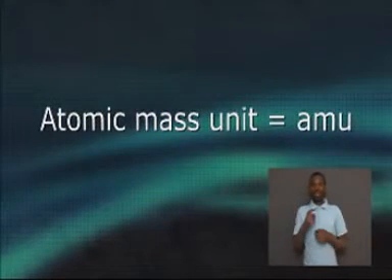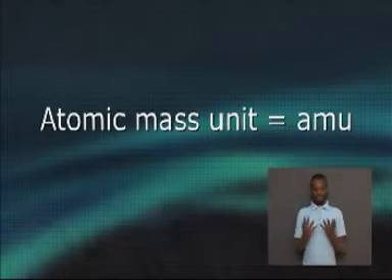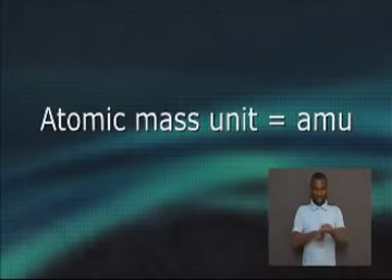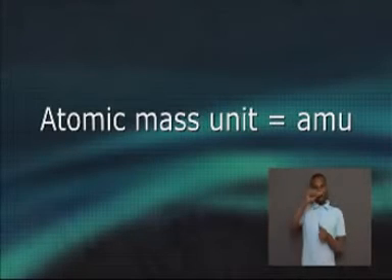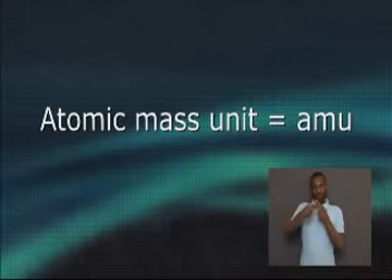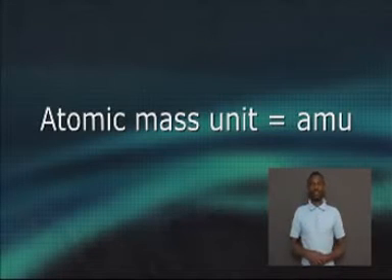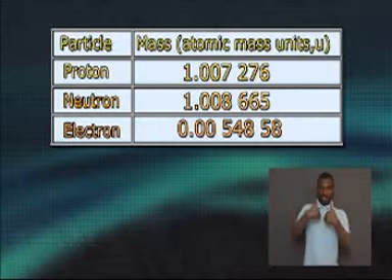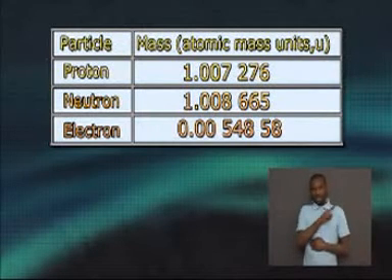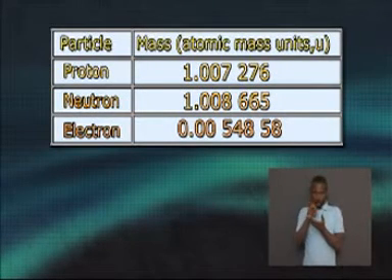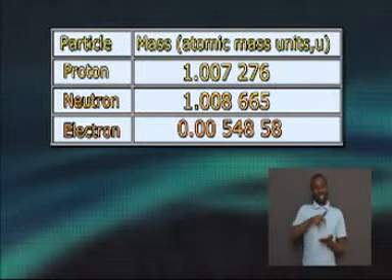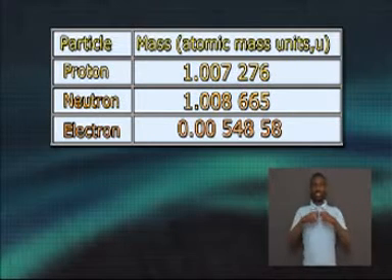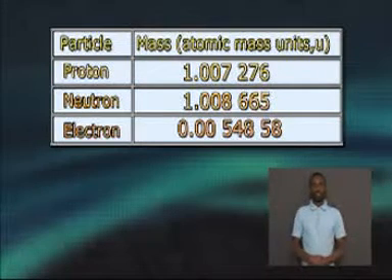When calculating the binding energy, we often use the notation atomic mass units for the measurement of the masses of subatomic particles. Students, please copy down these measurements for protons, neutrons, and electrons. You will need these for the activity.